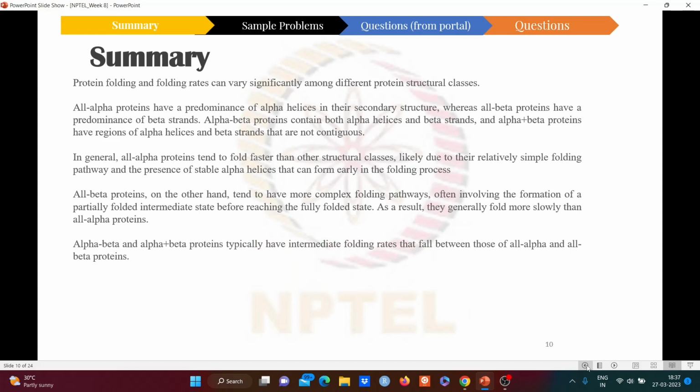Alpha beta and alpha plus beta proteins typically have intermediate folding rates that fall between those of all alpha and all beta proteins. The folding rates of these proteins can depend on a variety of factors including the size and shape of the protein, the presence of disulfide bonds and other structural features.